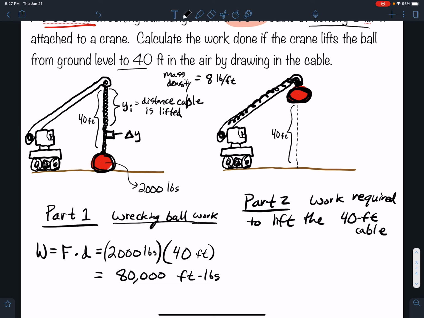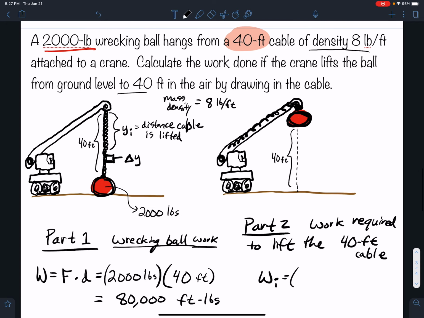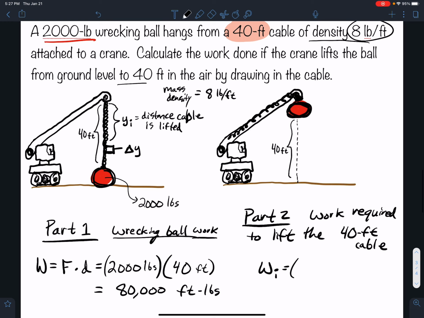For an arbitrary slice, it's 8 pounds per foot multiplied by the delta y slice in feet multiplied by the distance the cable is lifted, yi, in feet.